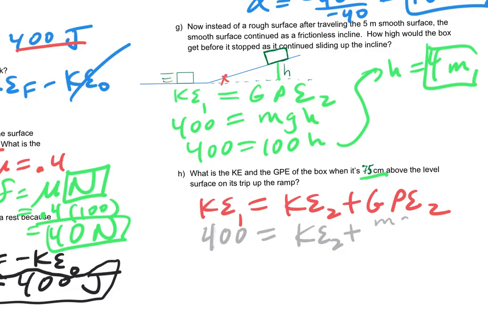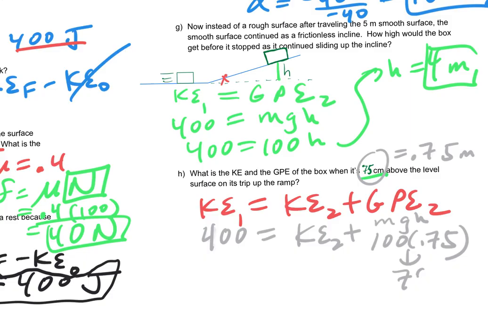Well, GPE is mgh2. So that would be the mass times g, which is the weight, 100 given before, times the height, which is 75 centimeters. Be sure you change that to meters by dividing by 100. That's the height that was given. So I know that GPE2 is 75 joules, 0.75 times 100.